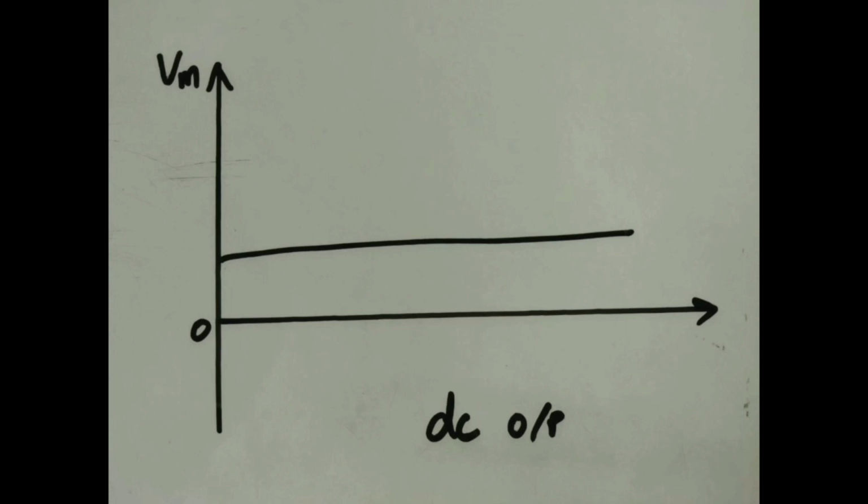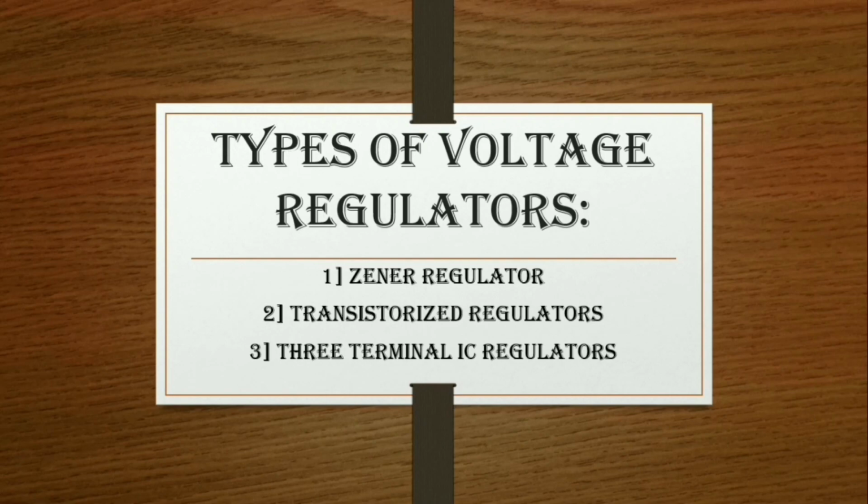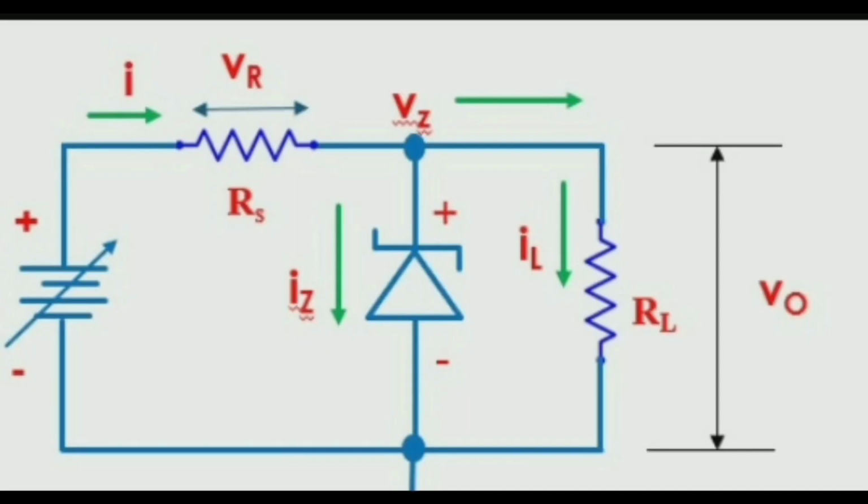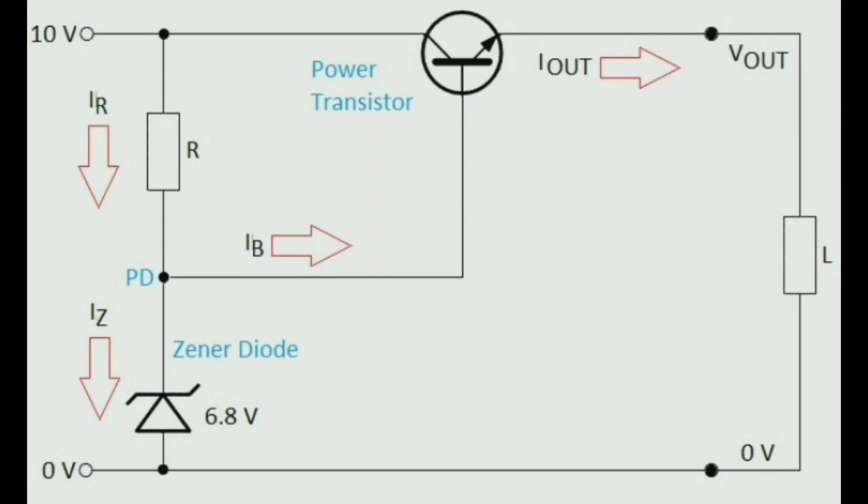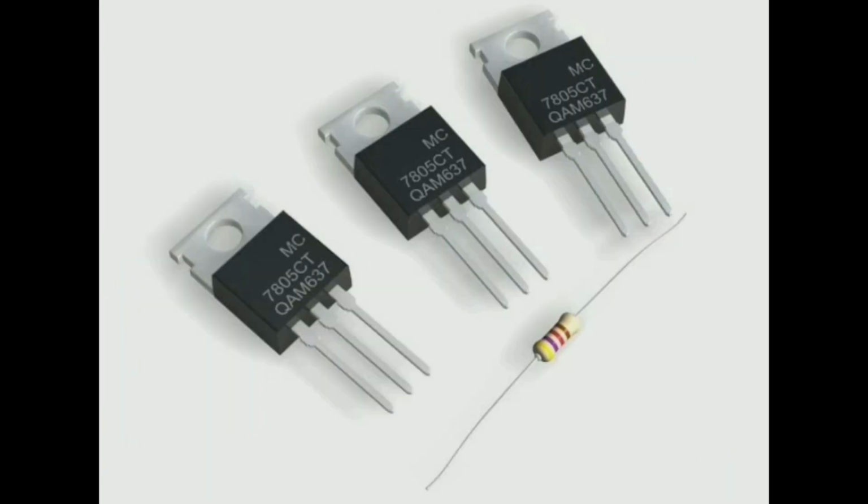A linear voltage regulator works by automatically adjusting the resistance via a feedback loop, accounting for changes in both load and input, all while keeping the output voltage constant. There are various types of regulators such as the Zener diode, transistorized regulators, and the 3-terminal IC regulators.